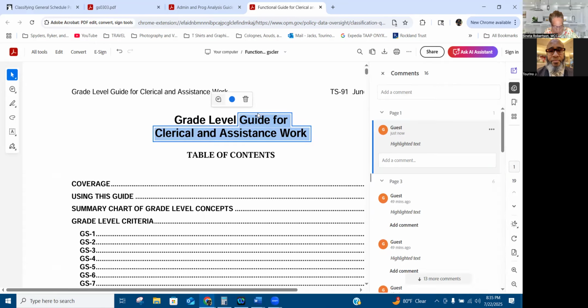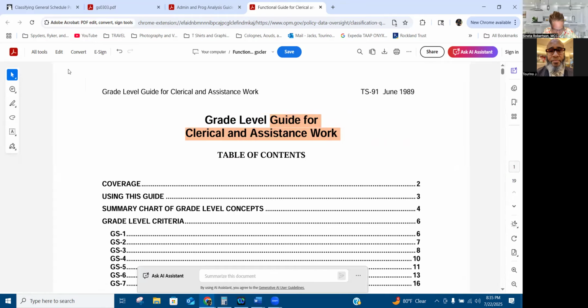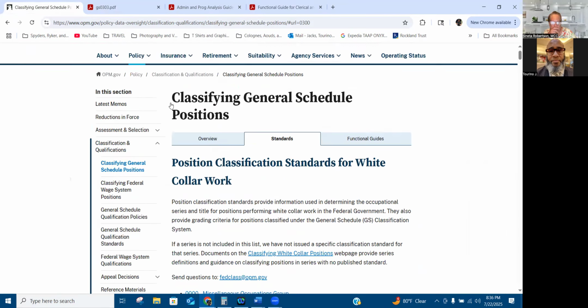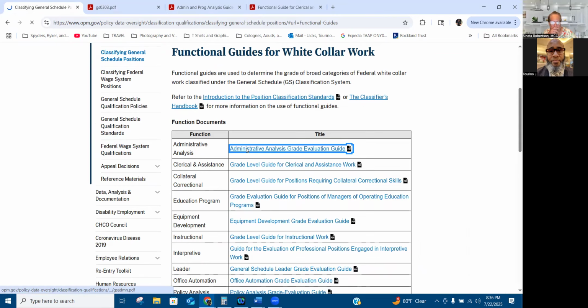I don't think I saved this one. Let's see if I did or not. I guess I did. All right, so the one I need to look at to see that is the functional guide, first one.